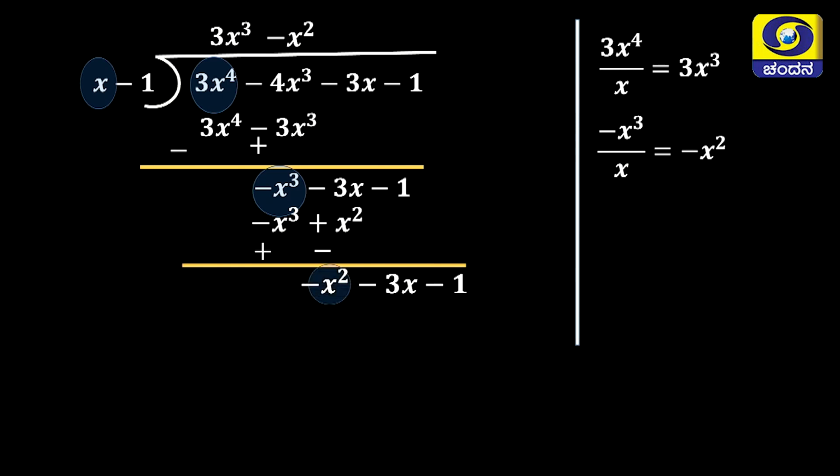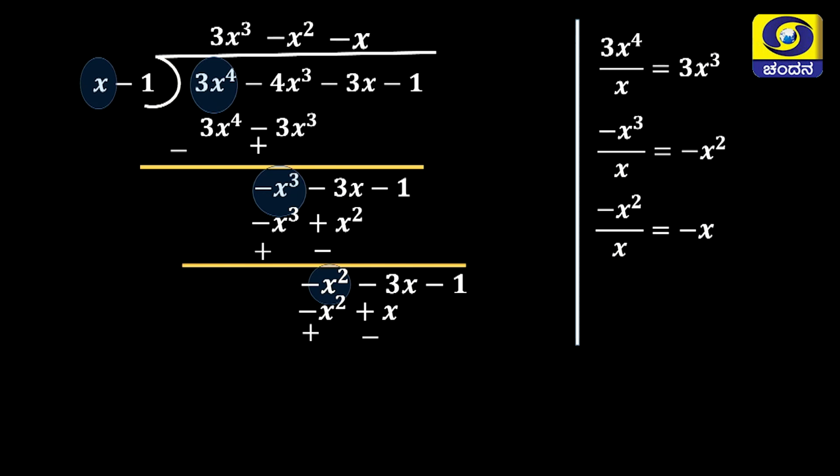Now we identify the term minus x square, and dividing minus x square by x, you will get minus x. Now I put minus x. That minus x is multiplied by x minus 1, so you will get minus x square plus x. In the same way, after changing the sign, minus x square plus x square becomes 0.